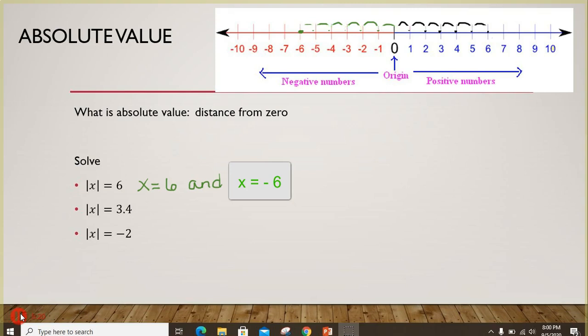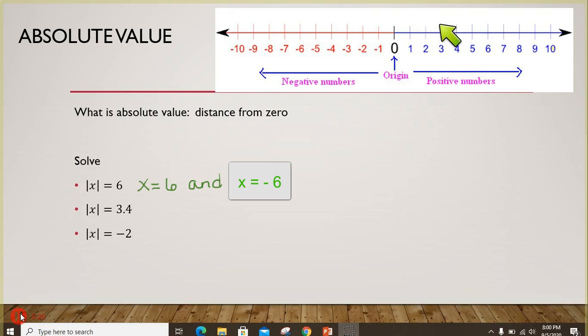So what does that mean for number 2, or our second example? So we have, what two numbers will give us an absolute value of 3.4? Well, 3.4 is in between +3 and +4.